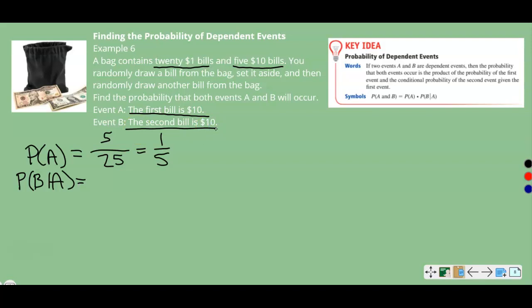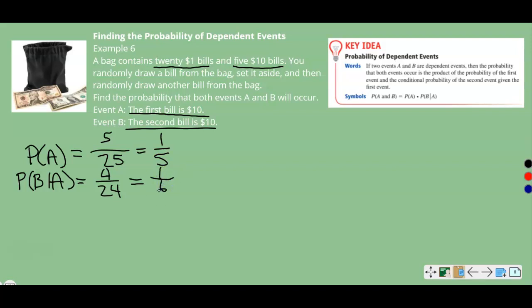If you've already drawn one $10 bill, that means there's not 5, now there's only 4. So there are 4 $10 bills possible to draw. That's what makes this dependent, because there's one less. And now there's only 24 bills in the bag instead of 25. Again, you can reduce that. 4 goes into 24 6 times.